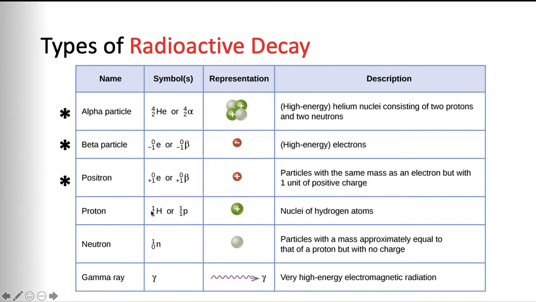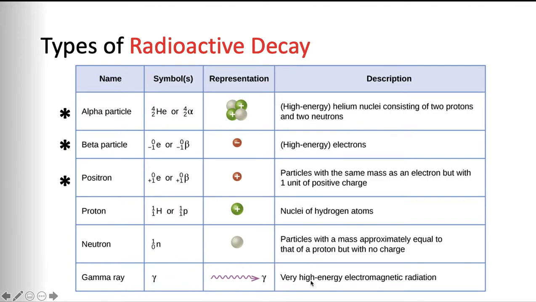And we're not really going to focus on these so much, but just know a proton obviously is the nucleus of a hydrogen atom, because the hydrogen atom only has a proton without any neutrons in its nucleus. And this is how it's denoted. A neutron has a mass of 1, but it has no charge.